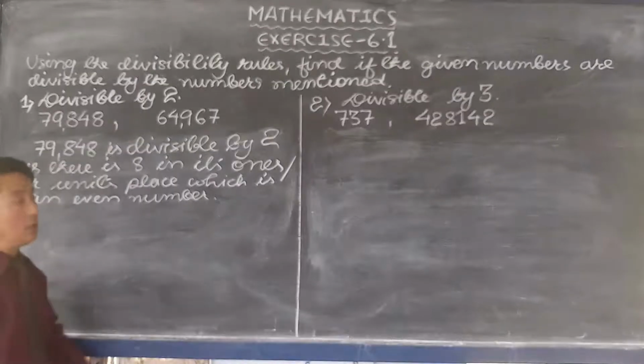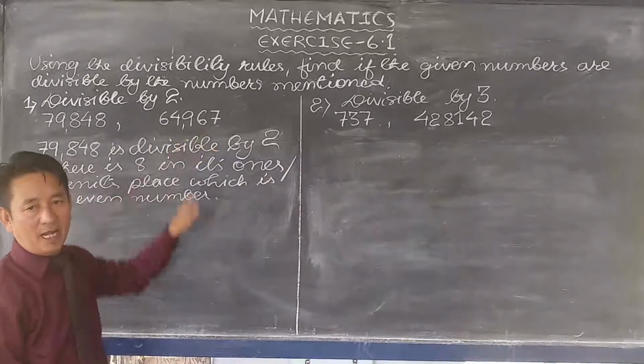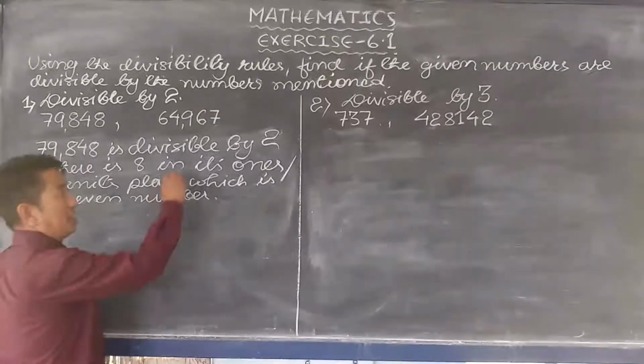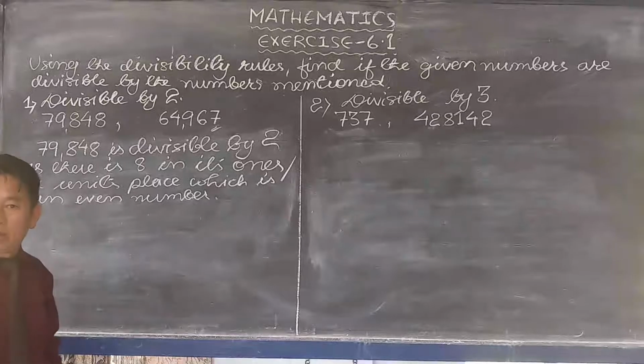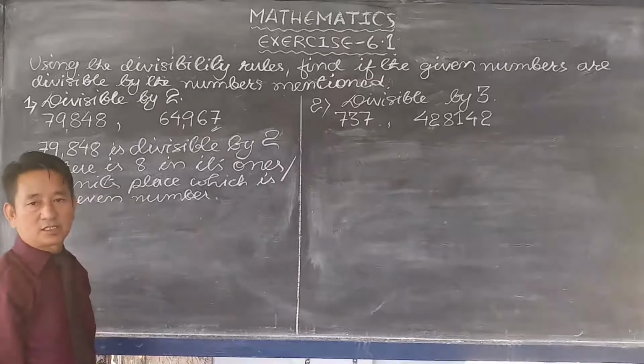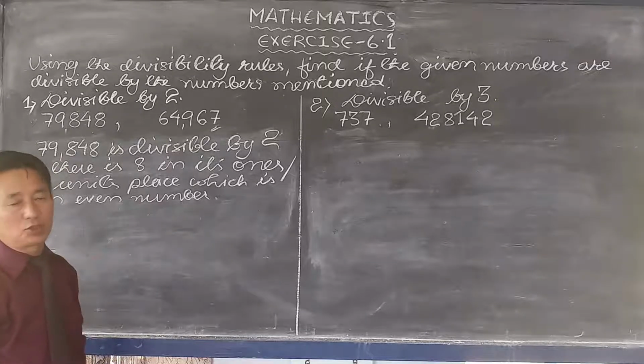Now second one here, 64,967. As you can see here, there is 7 in its ones or unit place. 7 is an odd number. Odd number is not divisible by 2.